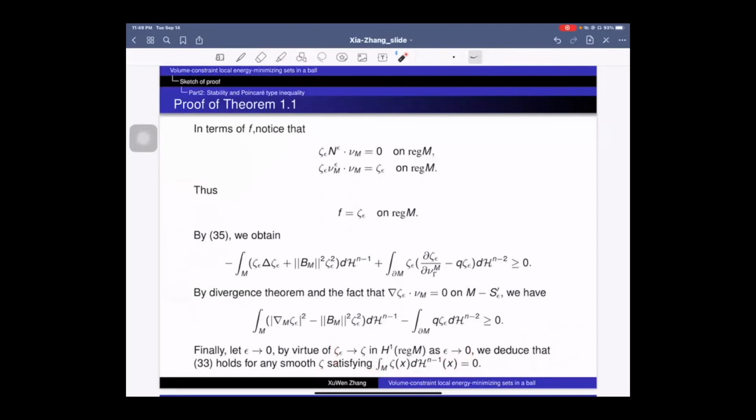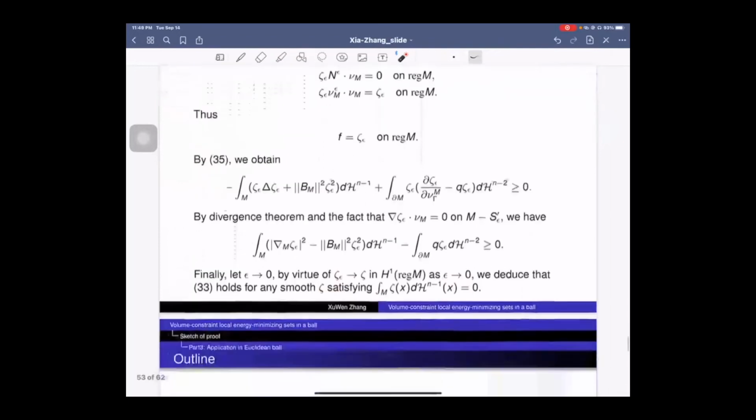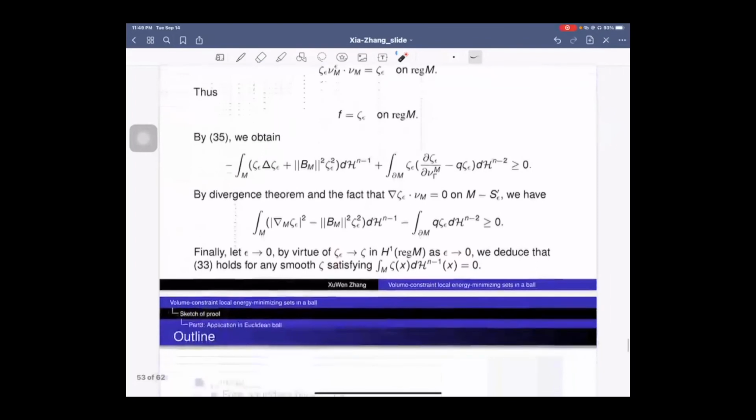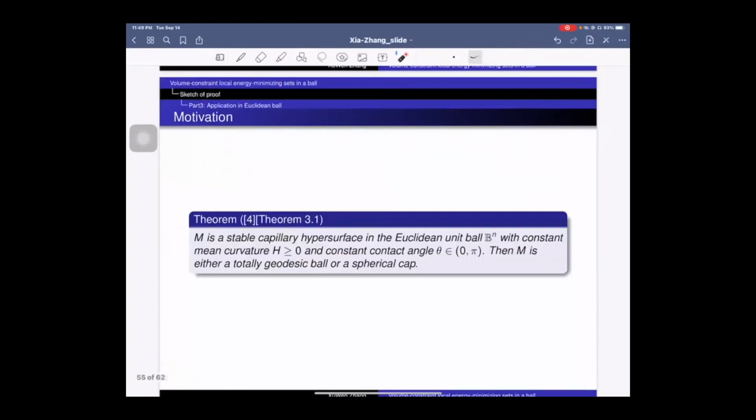So we have the Poincaré type inequality, and we will use it to prove some rigidity results. Our motivation is that such a result holds when M is a C2 capillary stable set, a C2 capillary hypersurface in the Euclidean ball. This result was first derived by Wang and Xia in 2019.